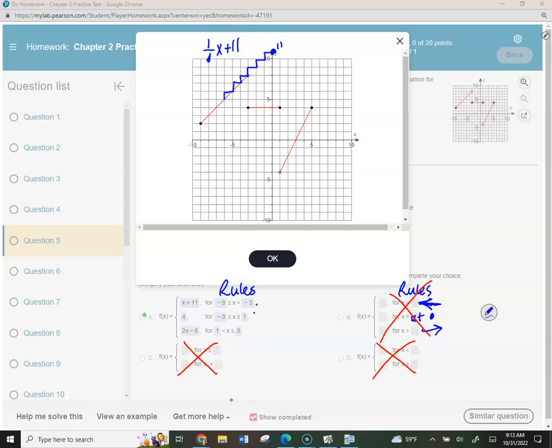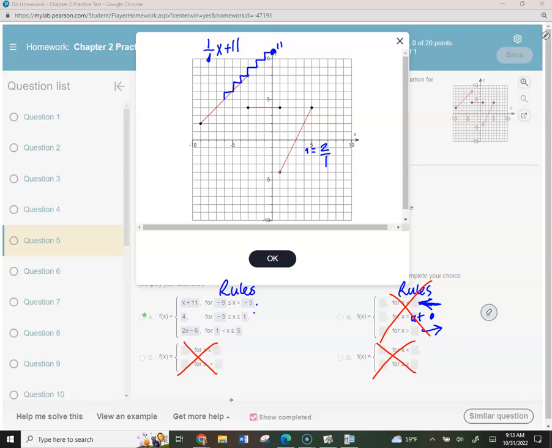With me? Here, it's rising 2, running 1. So my slope is rise 2, run 1. I need to know where it's crossing the y-axis, so just reverse. It's left 1, or you can go the other way.